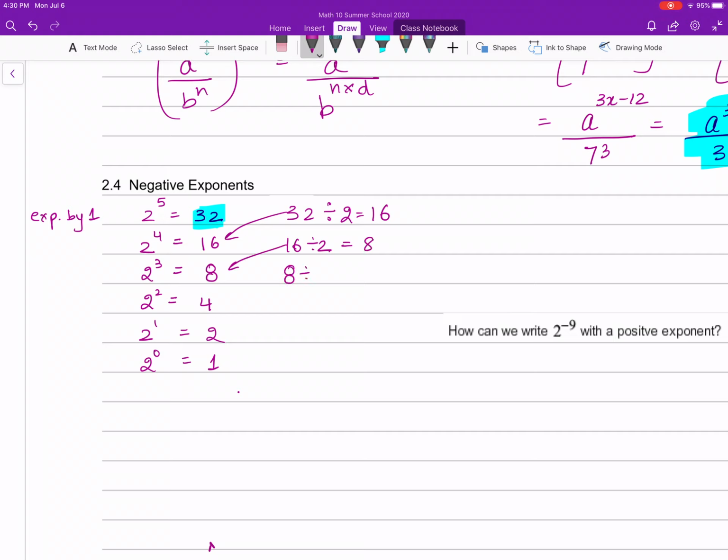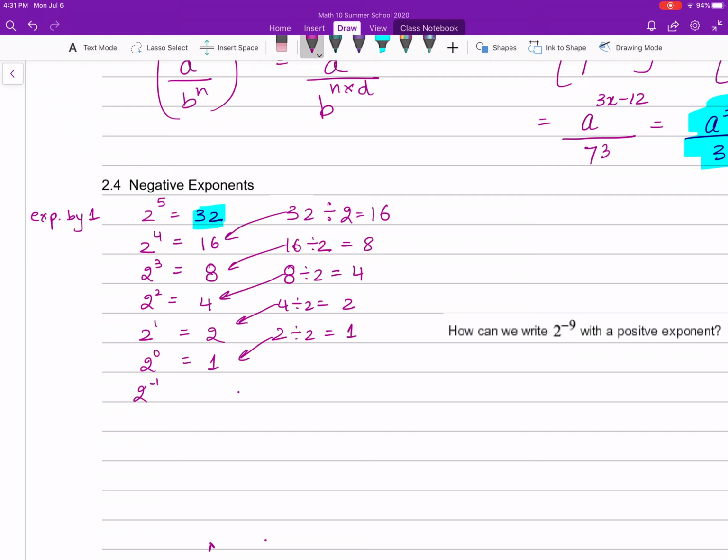If I take 8 and divide by the base, I get 4, which is the next value. 4 divided by 2 is 2. 2 divided by 2 is 1. So we see we are following a pattern. So let's again reduce by 1. So if we reduce by 1, we get negative 1.